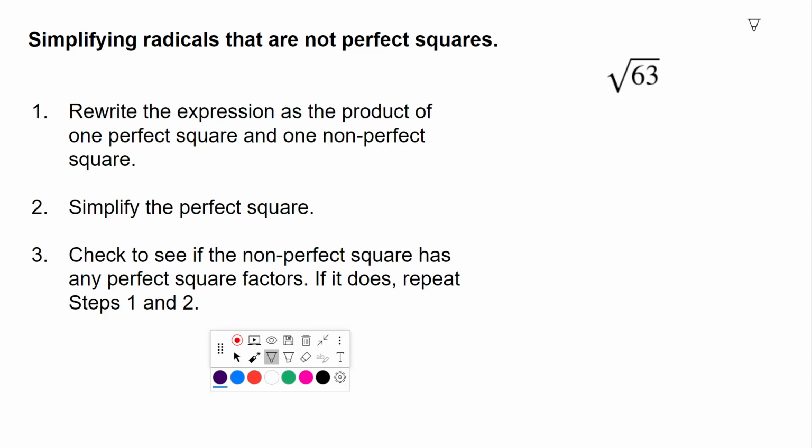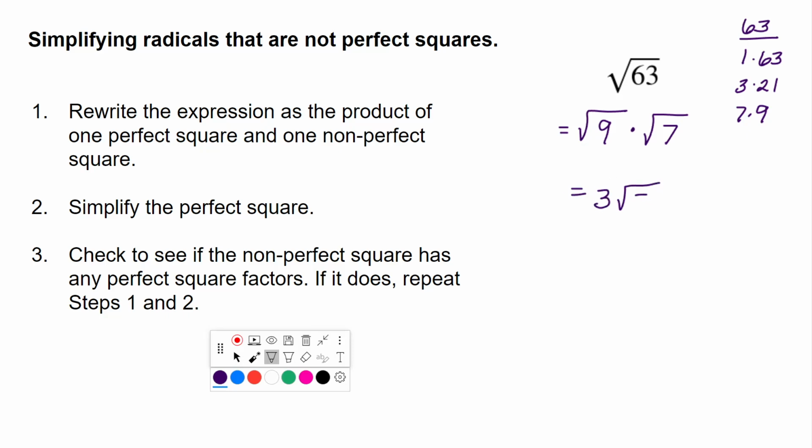Well, for 63, I can write my factor pairs. 63 is the same as 1 times 63, 3 times 21, 7 times 9, and when I look at 7 times 9 now, I recognize 9 as a perfect square. So I'm going to write this as the square root of 9, the perfect square first, times the square root of 7. The square root of 9, I know, is 3. And then we have the square root of 7.